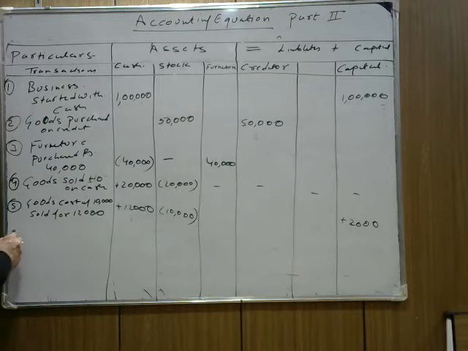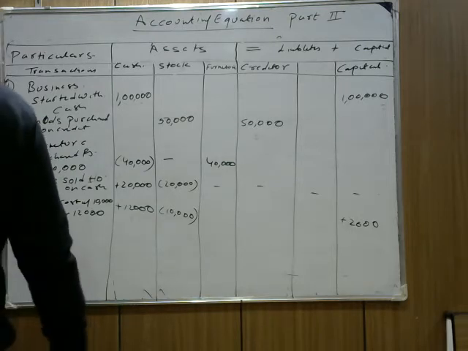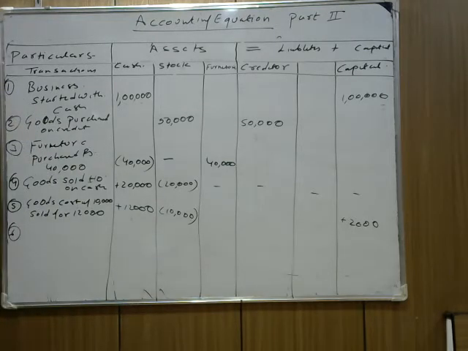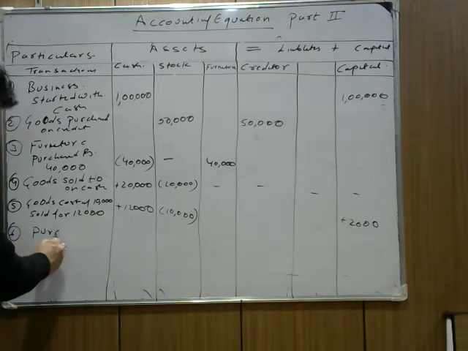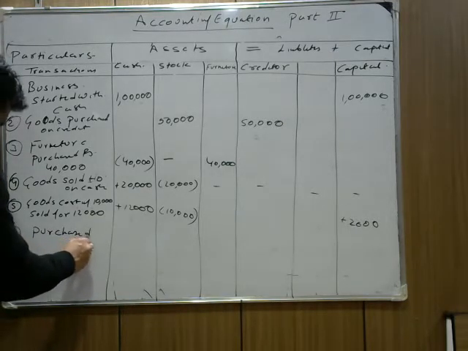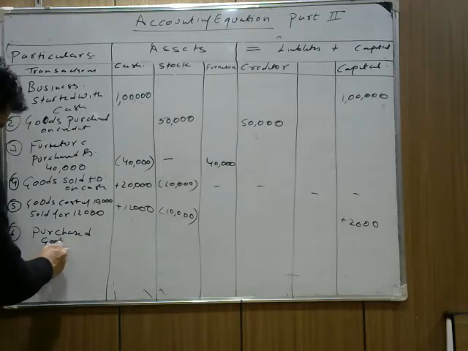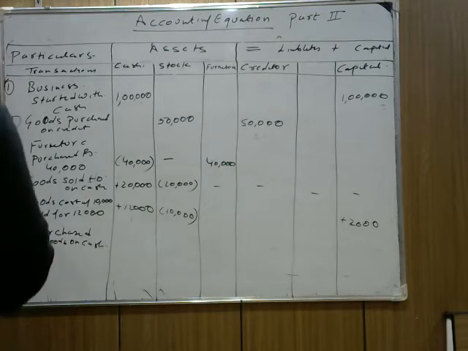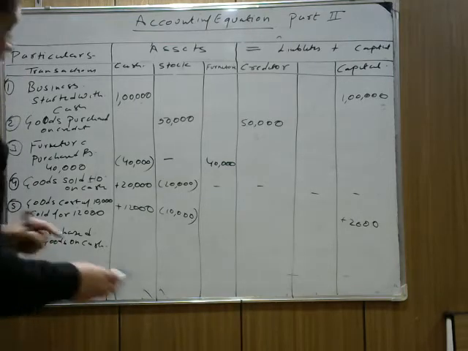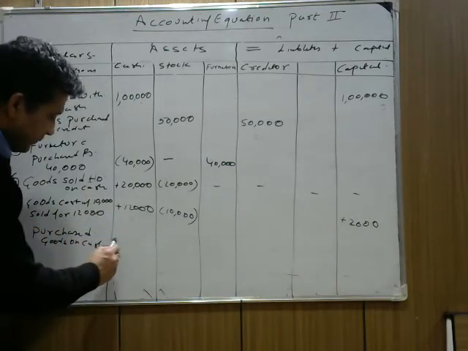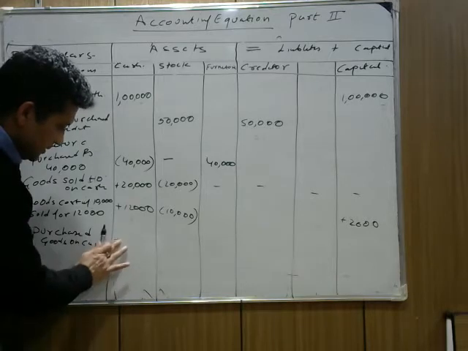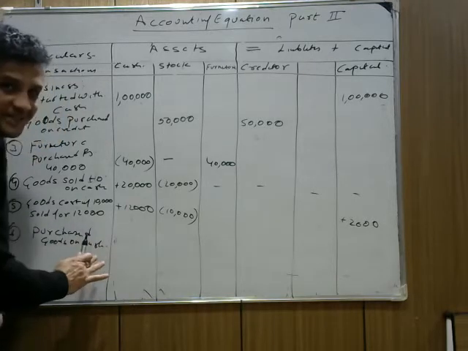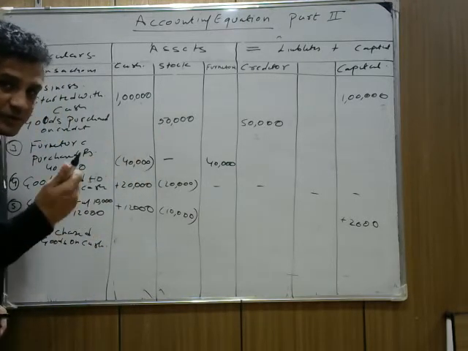Next, move to the 6th part. The 6th says purchase goods on cash, worth rupees 20,000. You're getting goods, but what goes out?